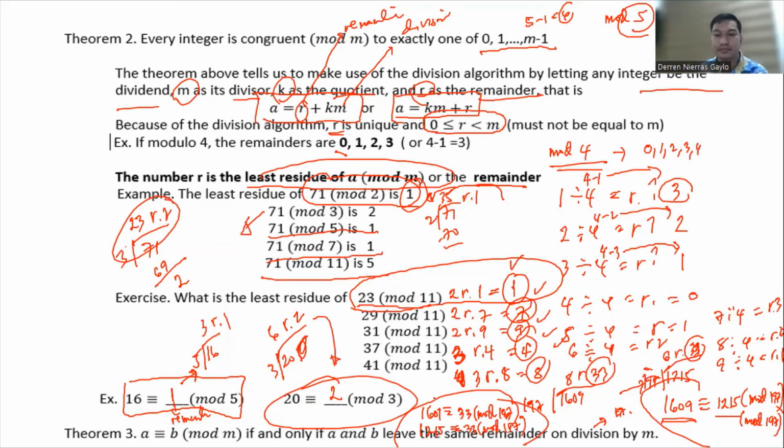If they have the same remainder with the same modulo or divisor, they are of the same class. Later in abstract algebra, if you draw circles of congruence classes or modulo classes, you will see that they are in the same circle, meaning they have the same remainder.